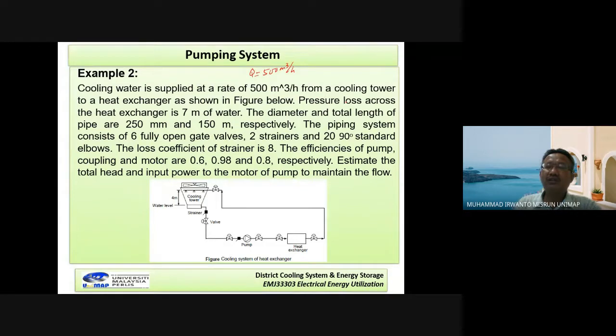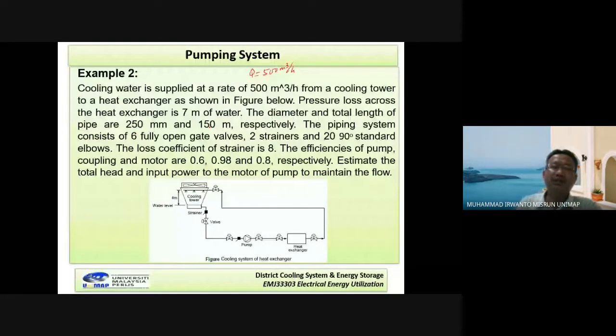Pressure loss across the heat exchanger is 7 meter of water. For the exchanger, the head is 7 meter. We also calculate in terms of the friction losses. The diameter and total length of the pipe are 250 millimeter and 150 meter.